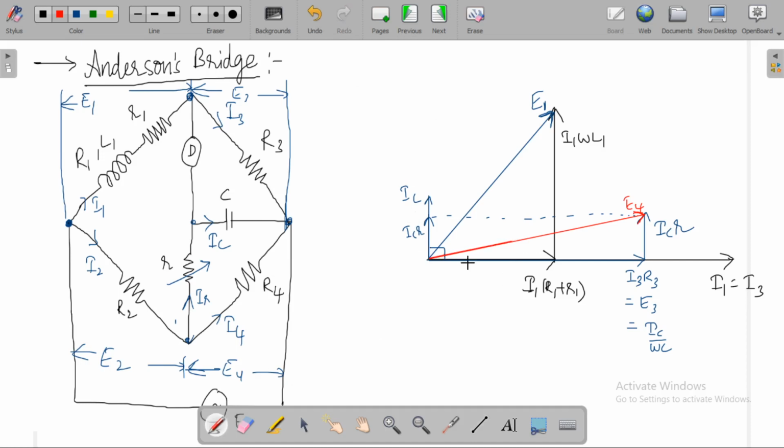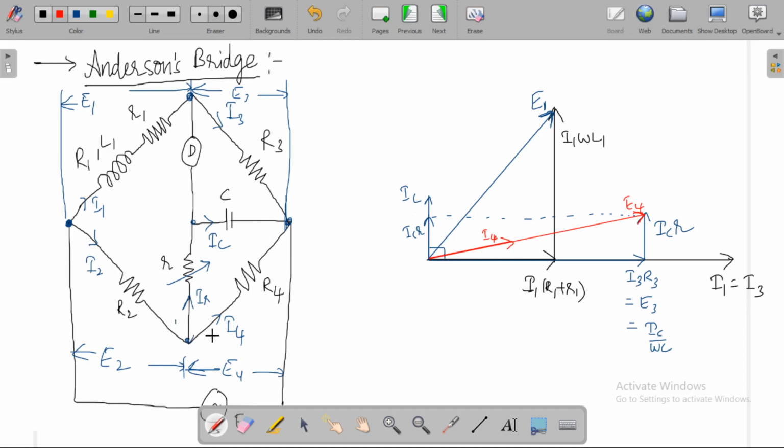So this phasor will be I4, in phase with E4. Okay, this is I4.